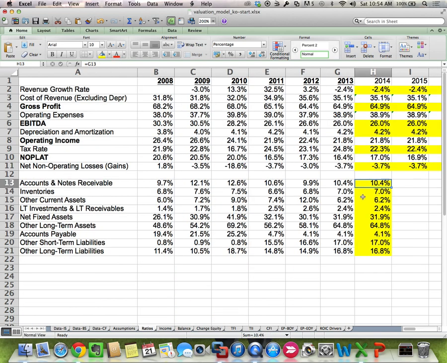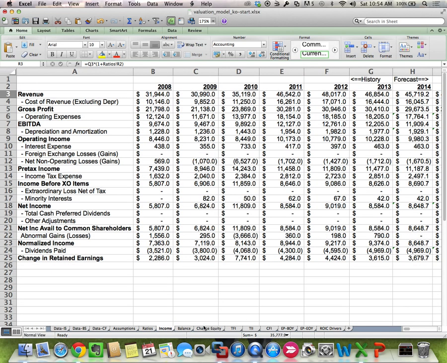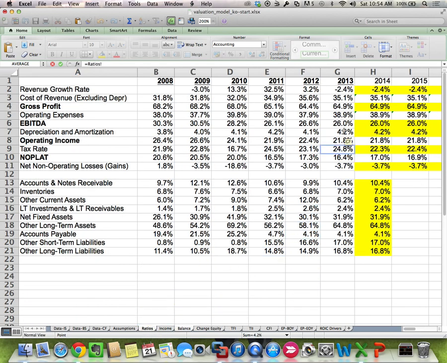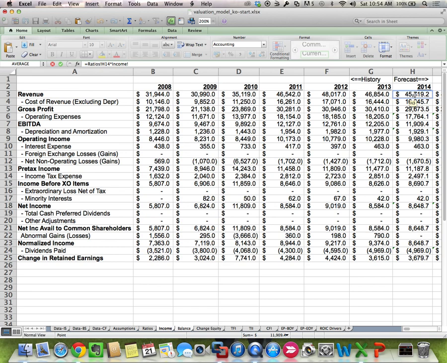Next, inventory. So on the balance sheet, equals ratios, inventory as a percentage of revenue times income tab 2014 revenue.